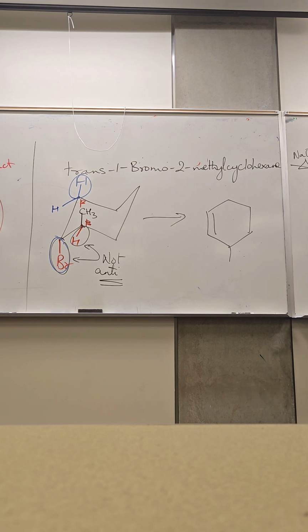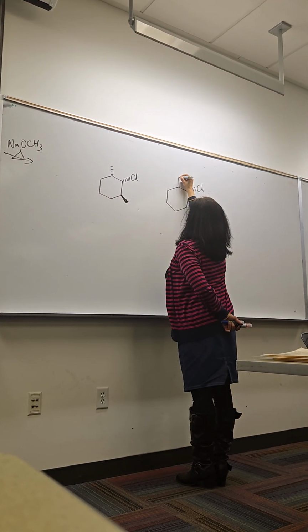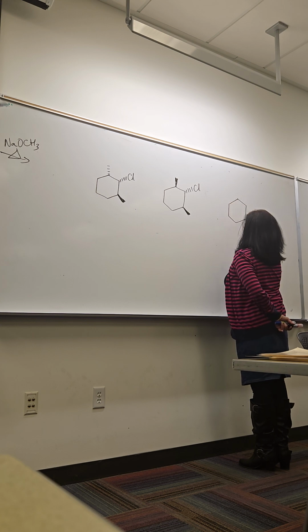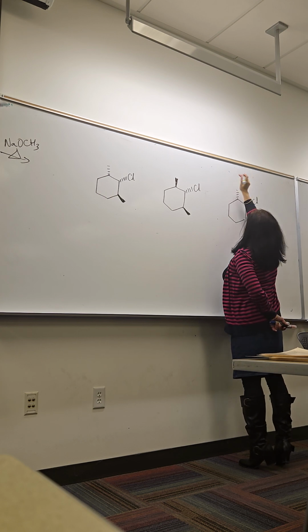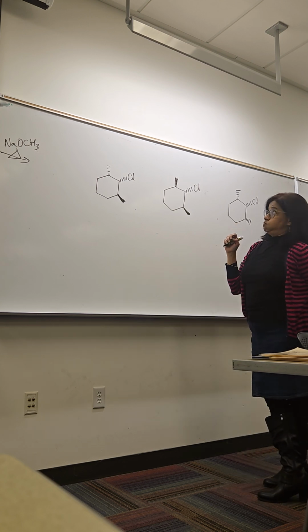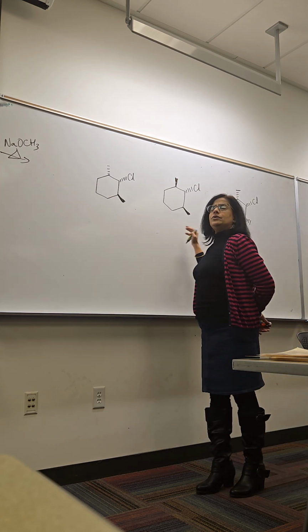Here are three stereoisomers of 1-chloro-2,6-dimethylcyclohexane.